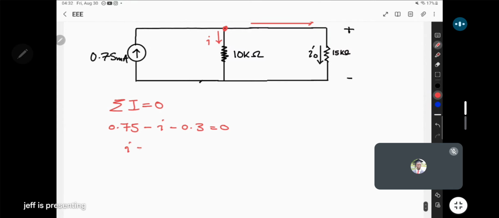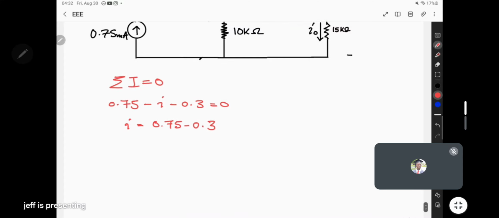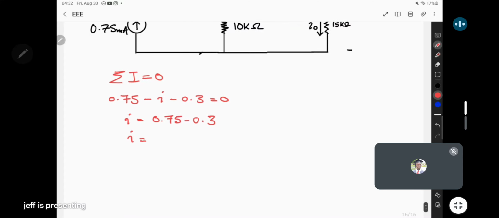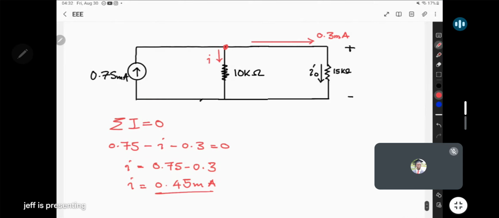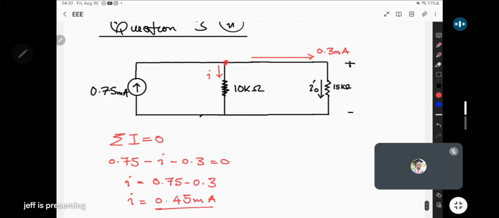In the end, the current that goes towards the 10 kilo ohms must just be 0.75 minus 0.3. When we do the math here, we see that the current that goes towards the 10 kilo ohms will be 0.45 milliamps. So we see that the current that will go down here will actually be 0.45.